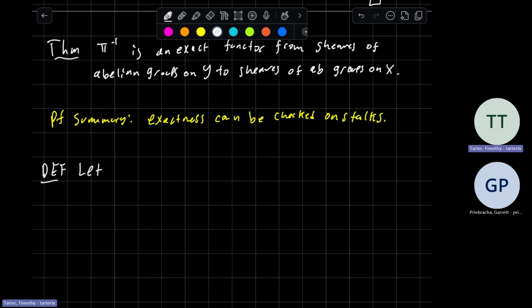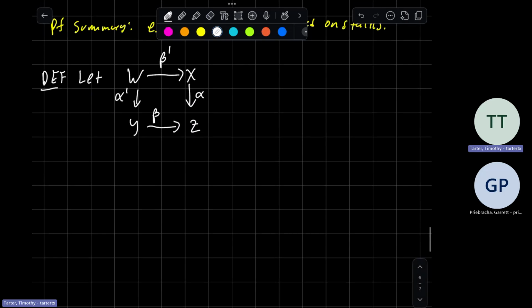So let the square with W to X by beta prime, alpha, beta, alpha prime be commutative, and let script F be a sheaf on X.